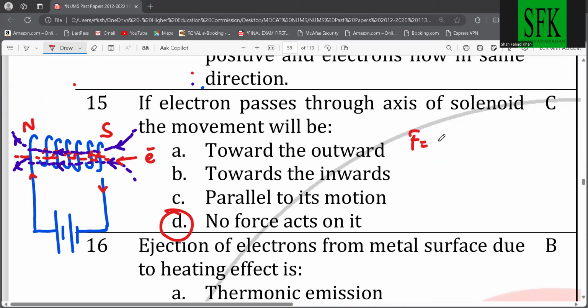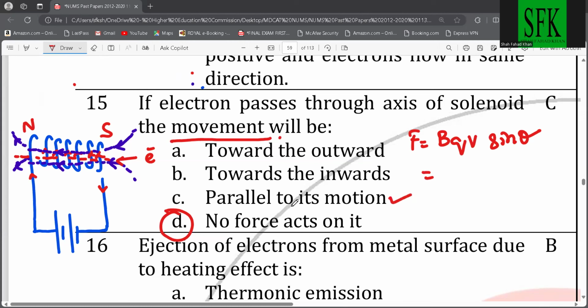Because again, what's the formula for calculation of force? BQv sine theta. So parallel to its motion, the electron passes through the solenoid, the movement will be parallel. No force acts on it is going to be actually better, because they're asking about the movement.